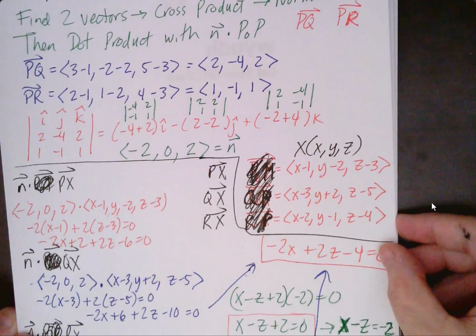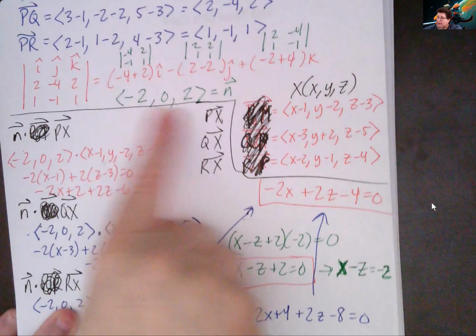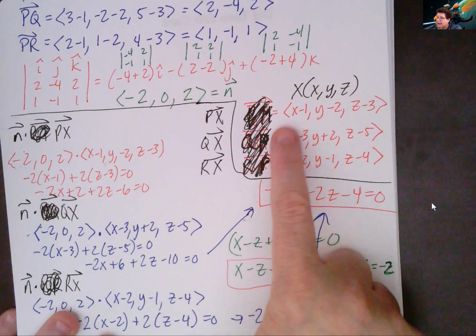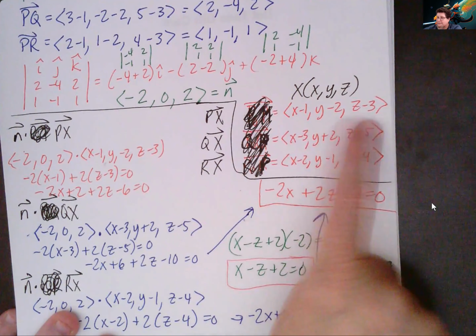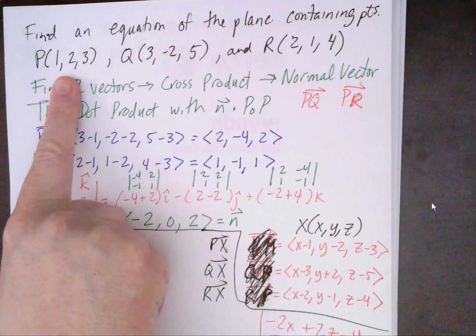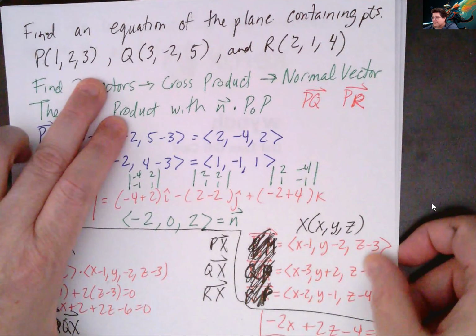Can you explain how you got the negative 2x plus 2z minus 4 again? Yes, I took n and dotted it with these vectors. These vectors are made by doing x minus, y minus, and z minus the coordinates of one of the points in the plane. So x minus 1, y minus 2, z minus 3 is there.